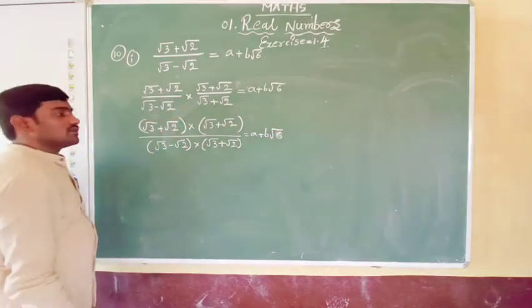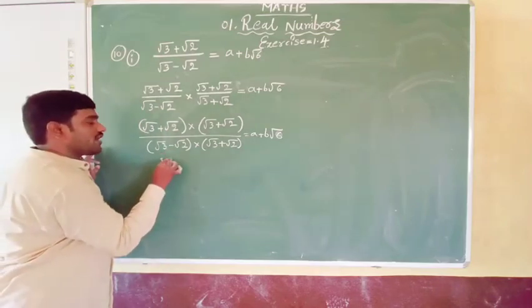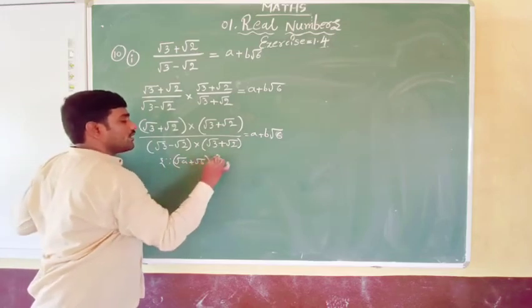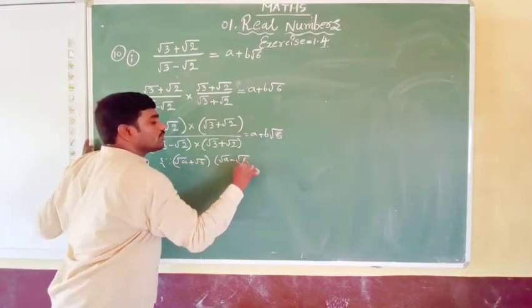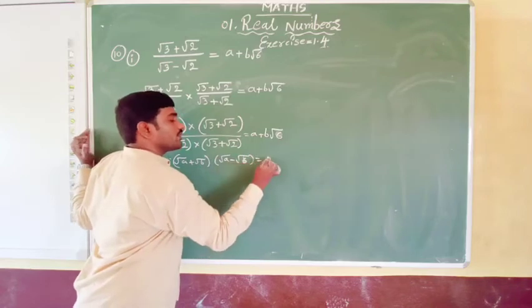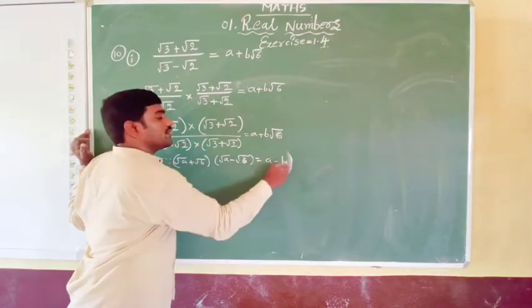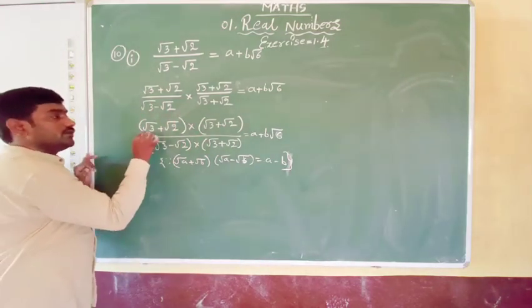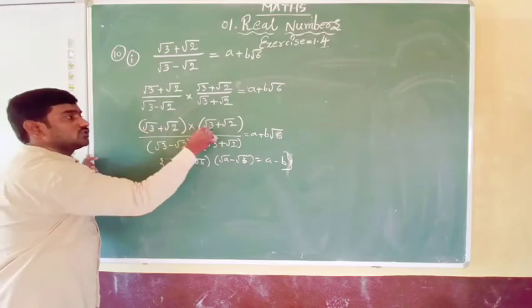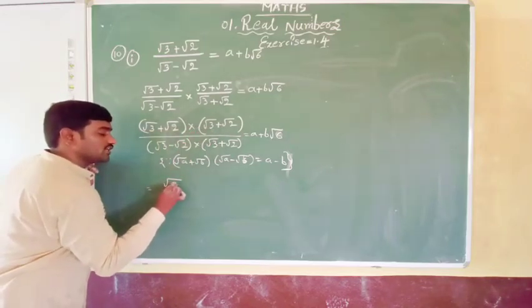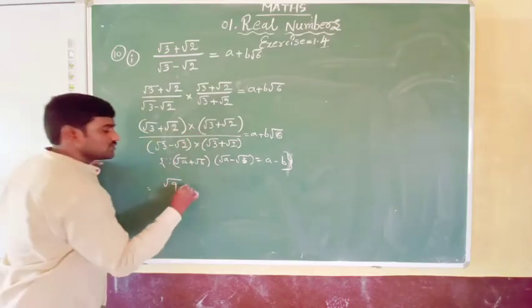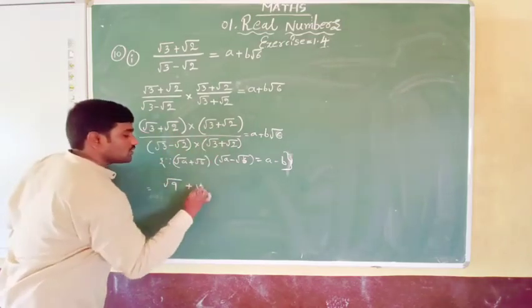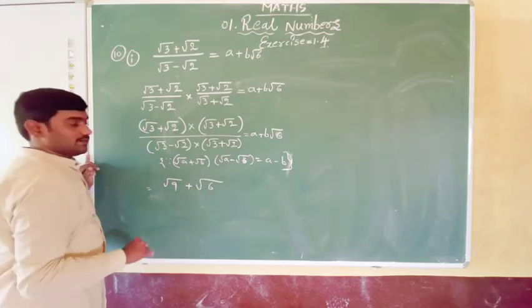Simple. Now in the denominator we have a formula: root a plus root b into root a minus root b is equal to a minus b. In the numerator, you can directly multiply the numbers. Root 3 into root 3 is root 9, plus root 3 into root 2, that is root 6.